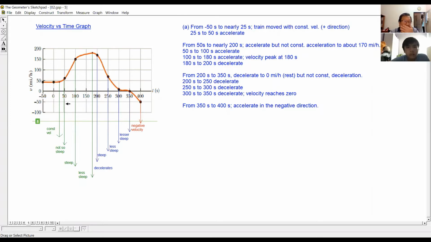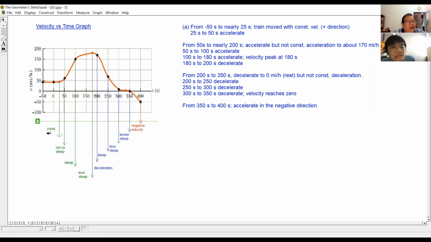So the motion is from the time 0 until 400 seconds. From 0 until 50, roughly they are along a flat straight line. So I break it up at this point right here.